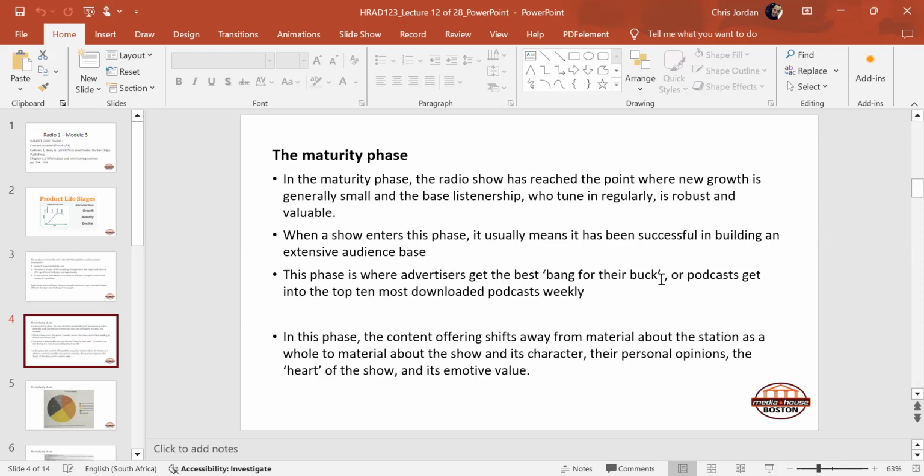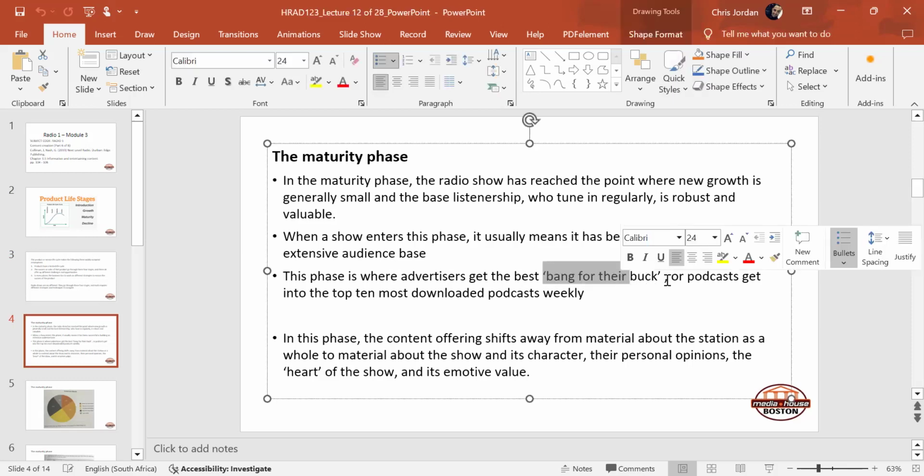So the bang for the buck in terms of return on investment, which we never actually promise a client, but we know that the client will get return on investment: more clients, more purchases, whatever it is, more traffic. Well, the podcasts get into the top 10 of most downloaded podcasts weekly, right? So obviously, a station has that clout because it has some massive reach.